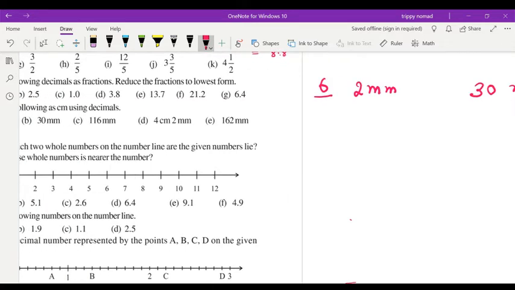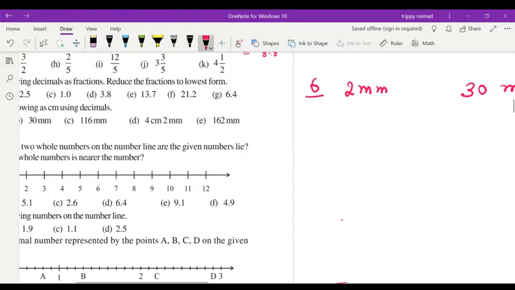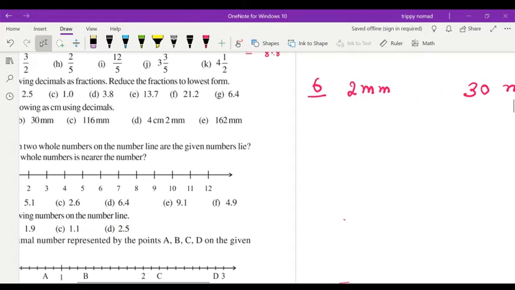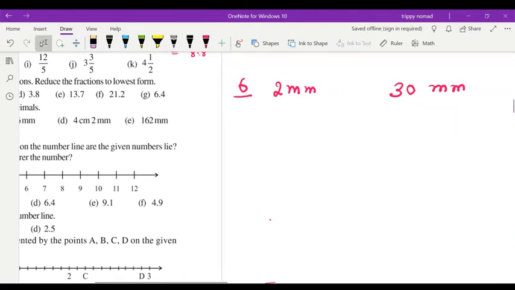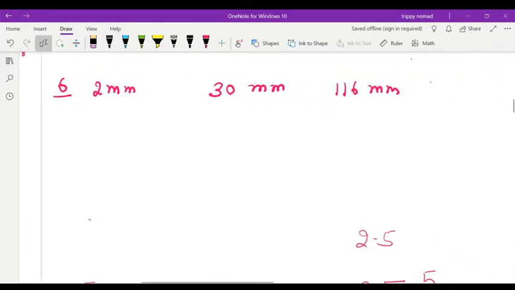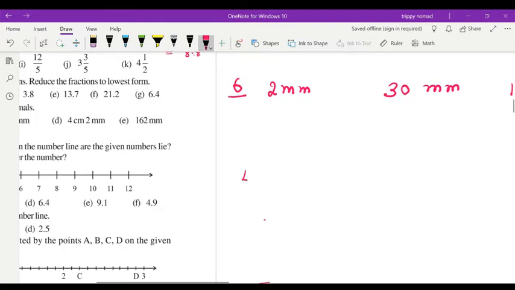And third, you can do the same way. I'm writing 116 millimeter, and fourth is 4 centimeter and 2 millimeter.